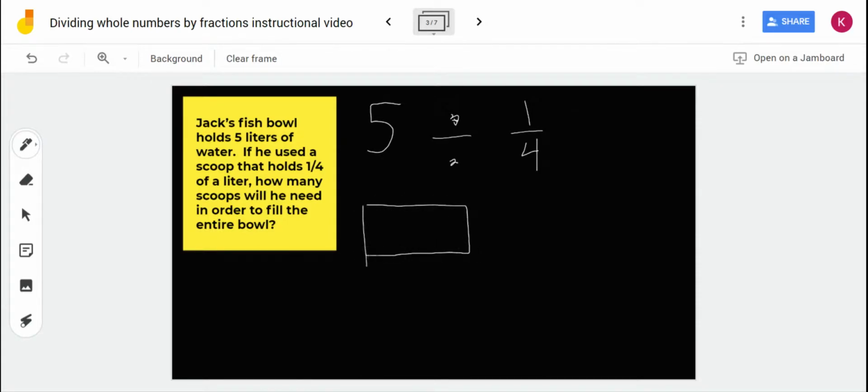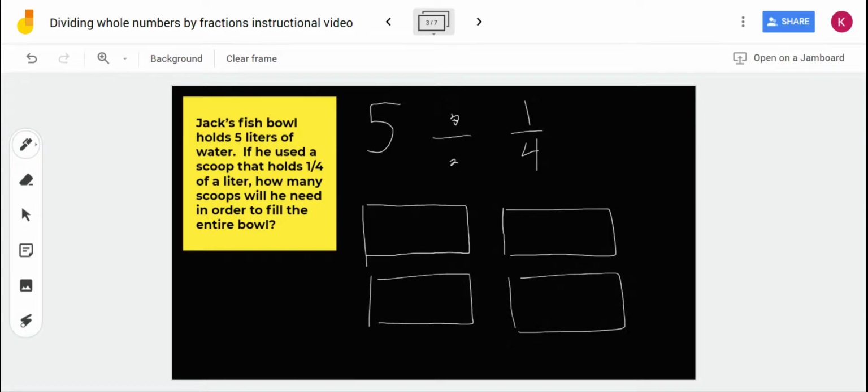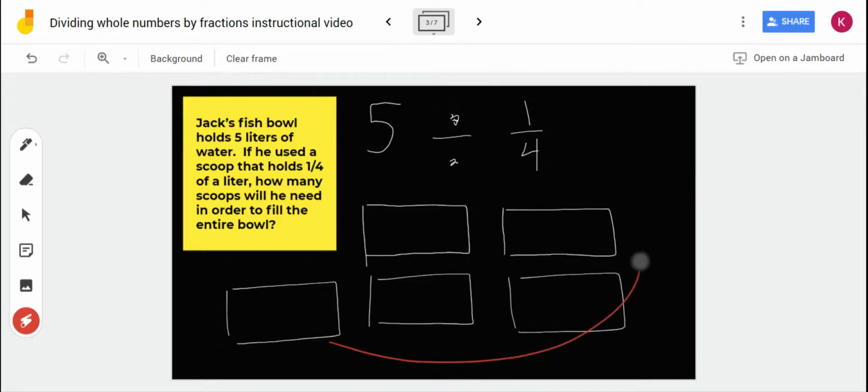I'm going to start with 5. So I'm going to draw 5 rectangles. And here, in order to show my division, I actually need to take those 5 wholes, which matches what I started with. These 5 rectangles match the whole number of 5.